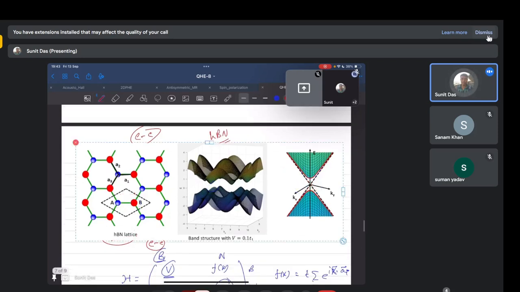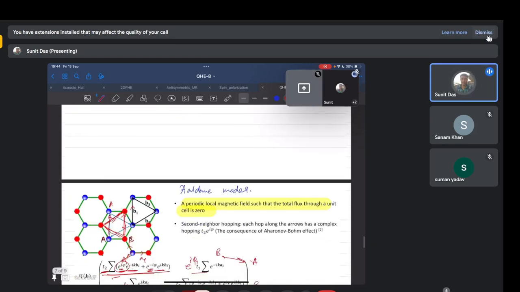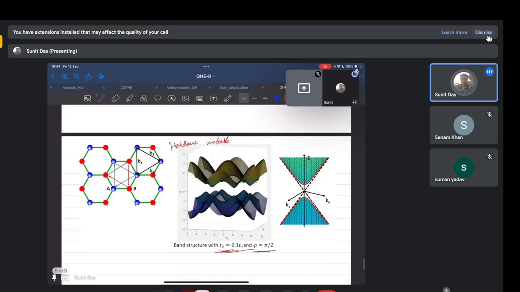In hBN also we observed some kind of gap opening because the sublattice atoms are themselves different. One is boron and one is nitrogen. So there also gap opening is there, and here also we have gap opening due to the Haldane model, the second nearest neighbor hopping. The question is, what is really the difference between the two?